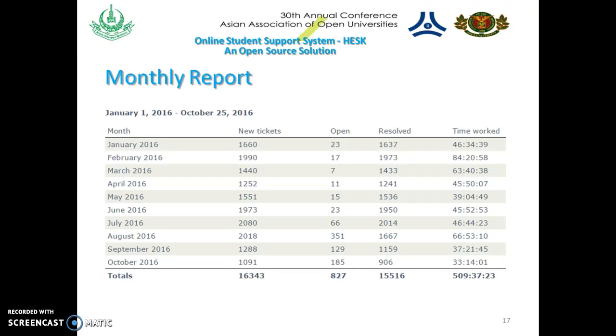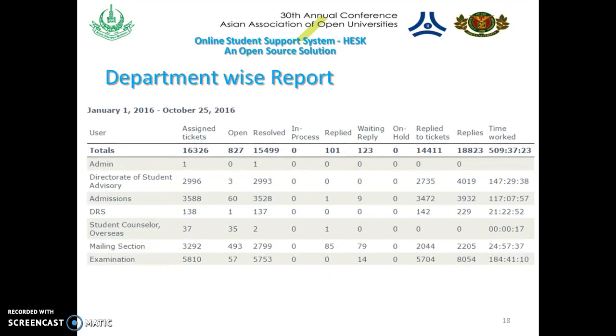In this screen, you can see the monthly report. It's showing the queries month-wise. In this you can see the queries department wise. You can also see for each department how many tickets were assigned in a specific date or time period, out of them how many have been resolved, how many of them are still open, and how many are still in process, and so on.